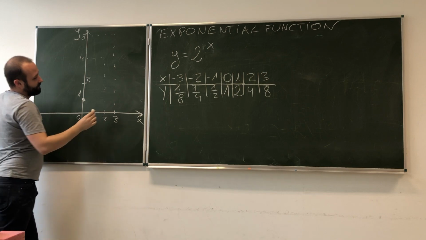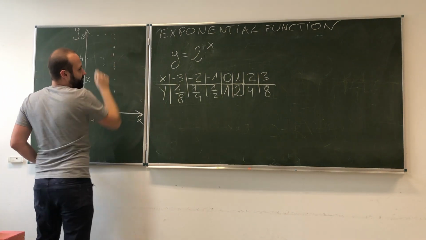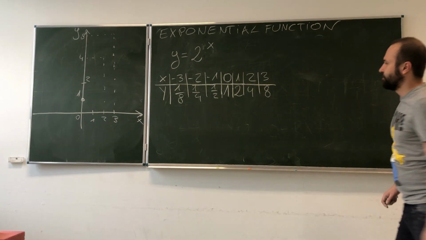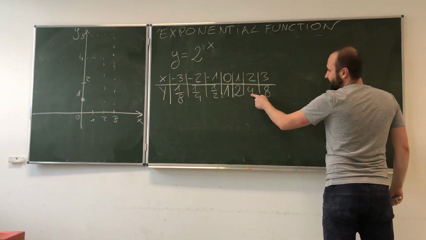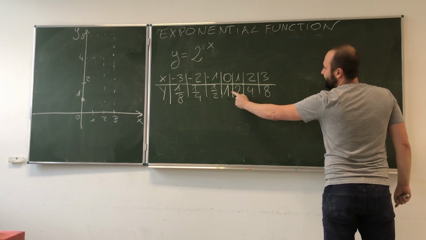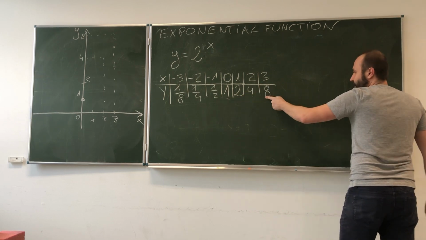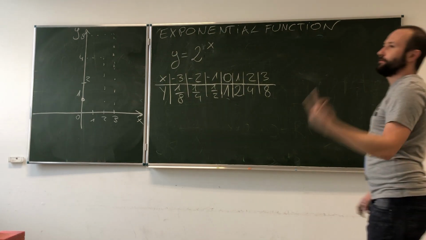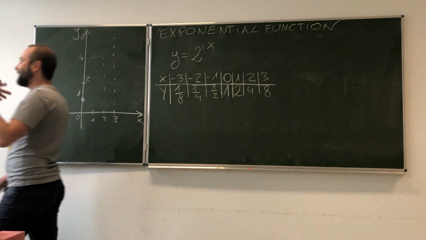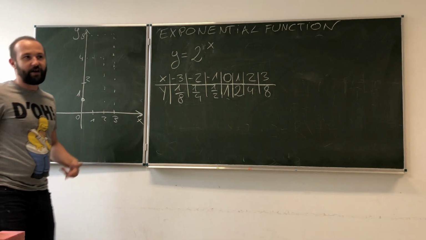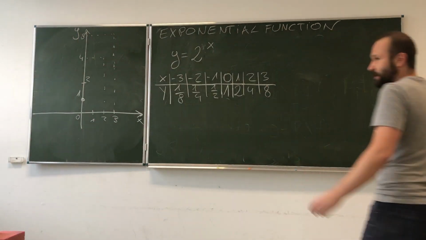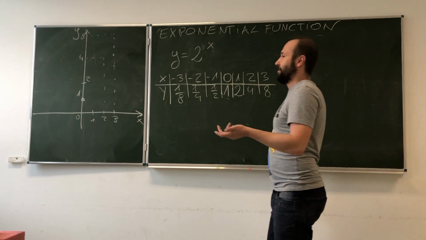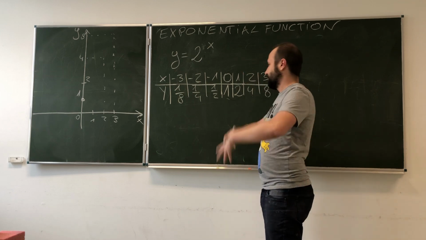So we clearly see that the values of this function are increasing, and they are increasing faster and faster. The increases are by 1, by 2, by 4, then the next increase will be by 8, by 16, by 32, by 64, by 128, by 256, 512, 1024, 2048, and so forth.